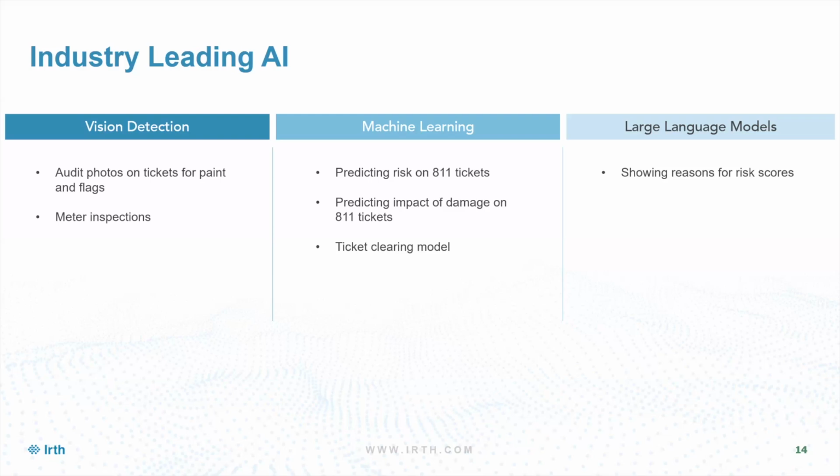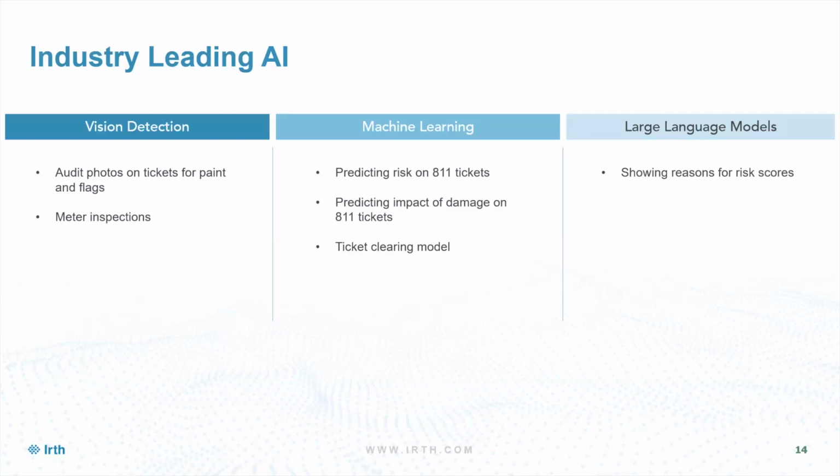Now, on the large language model side, that's definitely a buzzword. Everyone on this call has heard about ChatGPT. But the reality is, it's getting much better. It's phenomenal at what it does. And we are going to be the first company to bring an LLM to the damage prevention industry, which we're excited about. And that does fit in with what I'm explaining here today, and I'll show you why. So the very first use case, and what we're working on now, we'll have this done by Q3 of 2024.